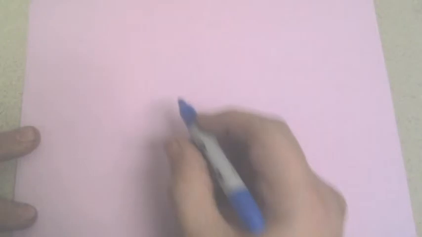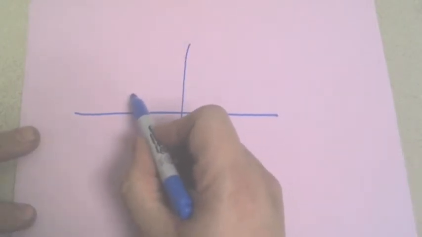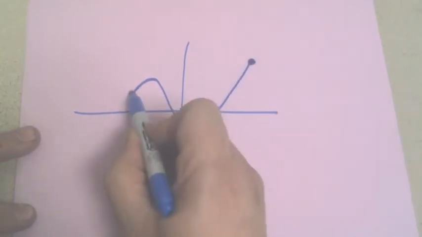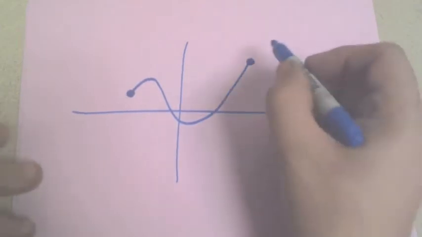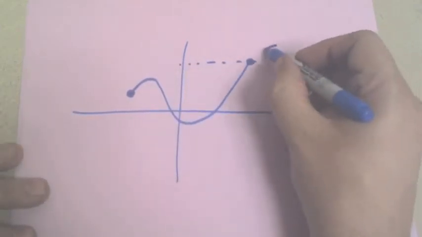Another example. If we look at a graph that has endpoints on it, let's say that one, and it's got nice little closed endpoints on it, so it doesn't have the arrows that say it keeps going. This has a couple of maxes on it and a couple of mins on it. Certainly, this is the highest y value that ever occurs.